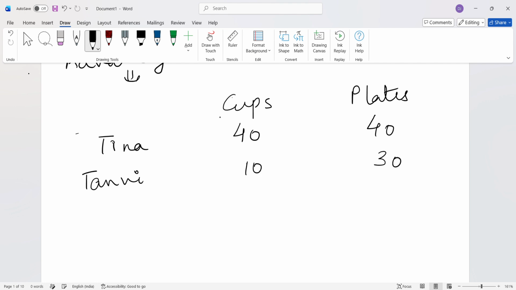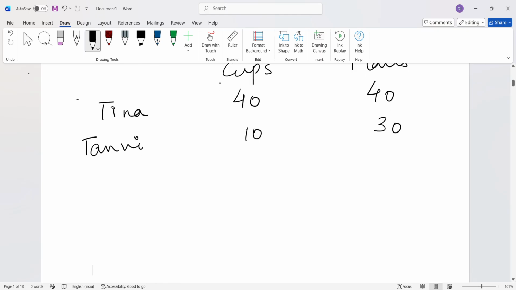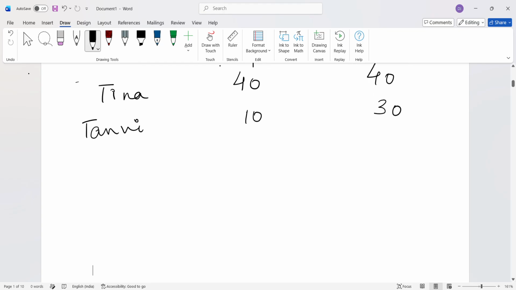I hope you can draw the production possibility curves by now if I've given you this matrix. If Tina is the producer with 40 cups and 40 plates, how would you draw that? I'll give you 5 seconds to think about it.